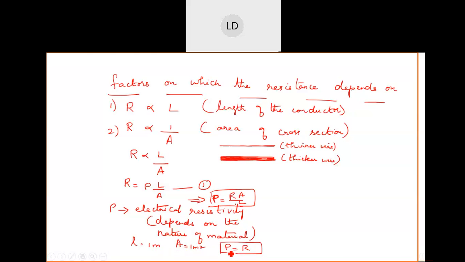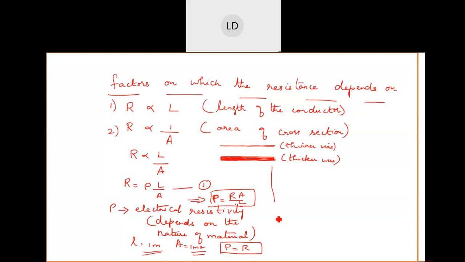So the electrical resistivity of a material is defined as the resistance of a conductor of unit length and unit area of cross section. Unit length is 1 meter and the area of cross section is 1 meter square, then the resistivity is equal to resistance.